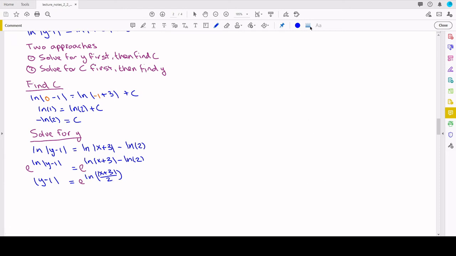So let me show you the rule for logarithms that I used there. I have ln of a minus ln of b equals ln of a over b. So that's what I have here. The e and the ln cancel each other out. So now my equation is the absolute value of y minus 1 equals the absolute value of x plus 3 over 2.